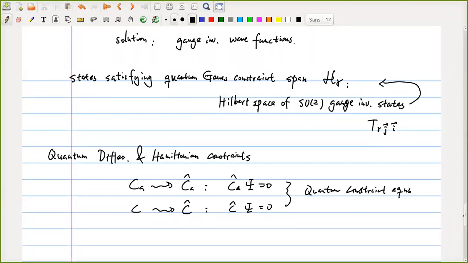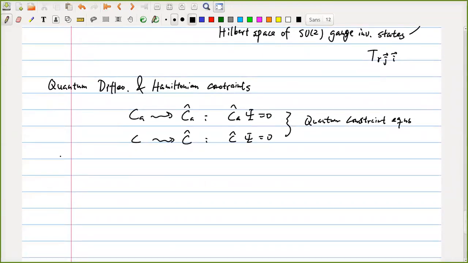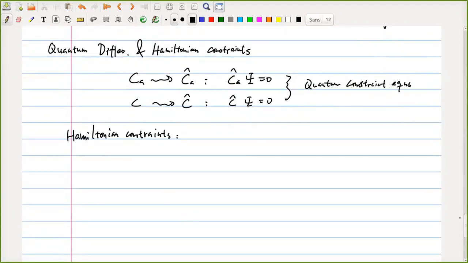Now let's come to the Hamiltonian constraint. We first talk about the Hamiltonian constraint, which is a little more complicated than diffeomorphism. However, some techniques are shared by these two constraints, so when we first talk about the Hamiltonian constraint we learn those techniques, and then we are going to apply them to the diffeomorphism constraint as well. So let's first come to the Hamiltonian constraint.